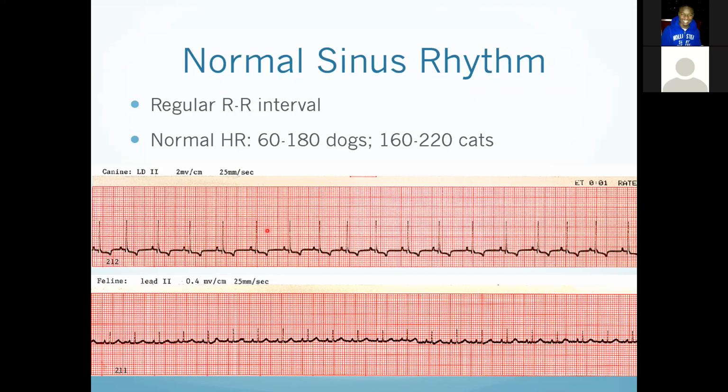So this would be our normal sinus rhythm. And again, that definition is going to depend on what the heart rate is overall as well. So typically less than 170, less than 180 is going to be considered normal for dogs. Cats get a little bit excited, particularly in the clinic, so their sinus rate can get up to 200, 220 in some circumstances.